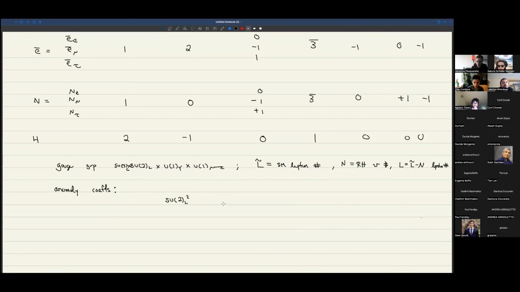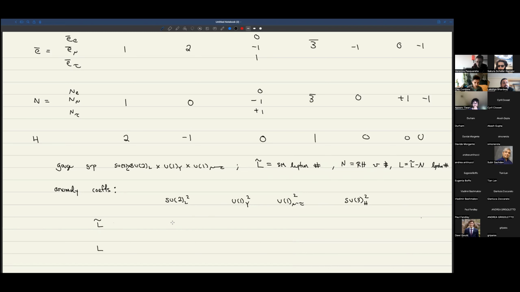So SU(2)_L squared, we're looking at the anomalies that are global-gauge-gauge. Now I will write down the anomaly coefficient for L tilde and L. Those are the two linearly independent things that look, at least classically, like they're going to be symmetries.